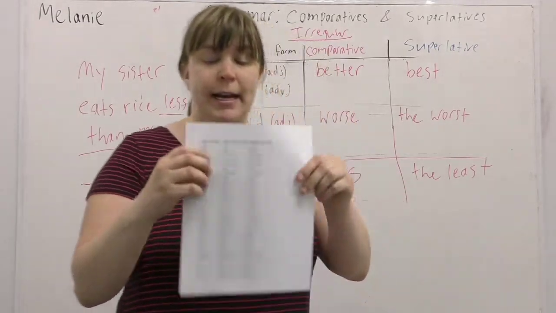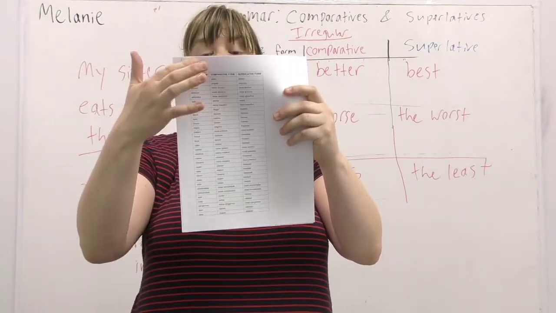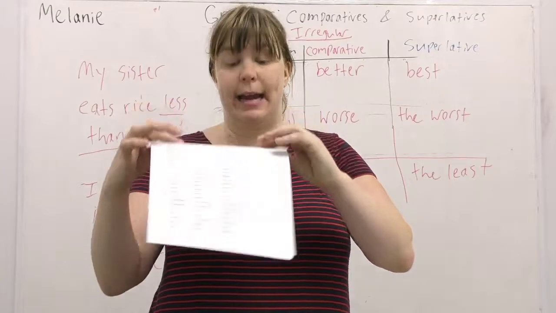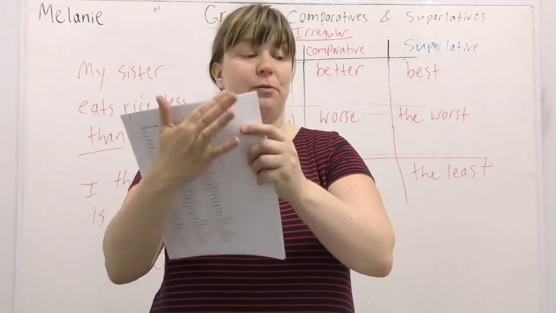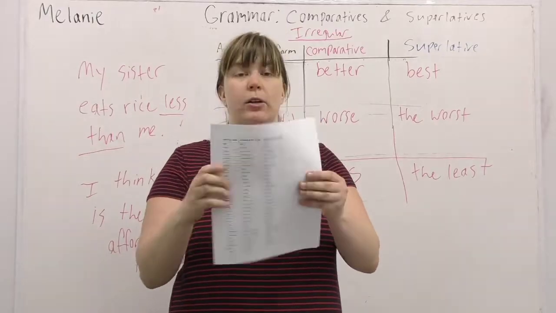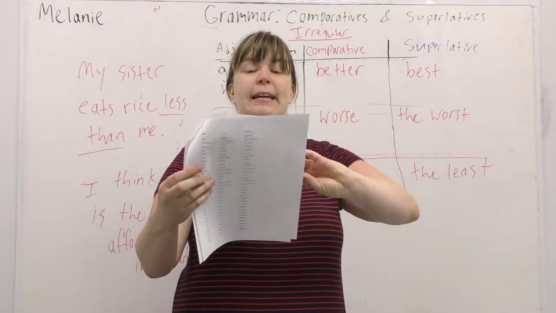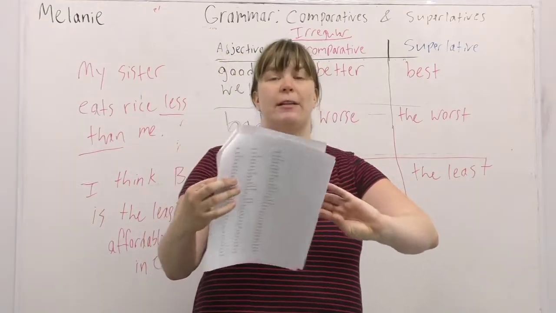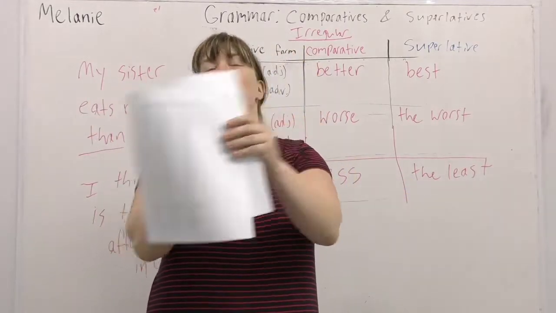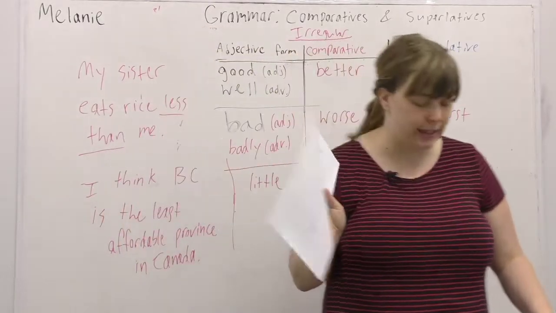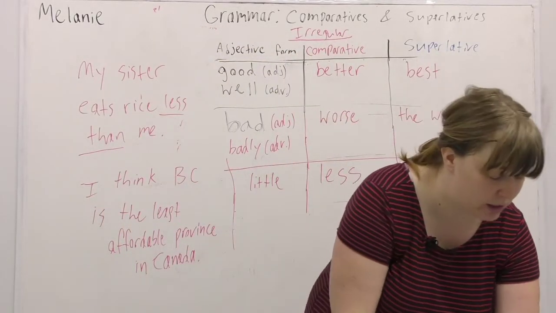And it's useful because it shows you the adjectives, and it shows you the comparative form, and it shows the superlative form. So if you ever just kind of want to quickly review, you can look at this stuff really quickly and get an idea of how these comparatives and superlatives work. But again, don't pull this out right now. You don't have to. It's really long. We're not really going to look at this right now. It's just for your reference.